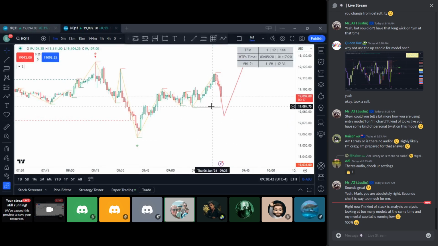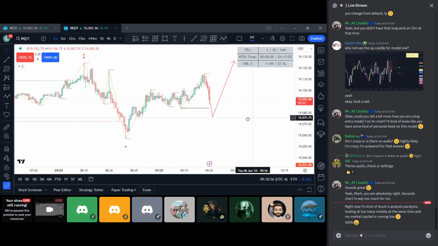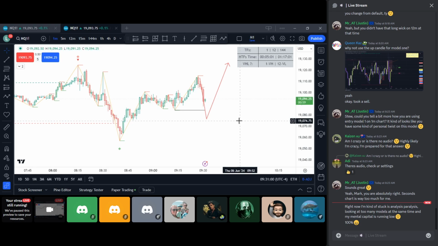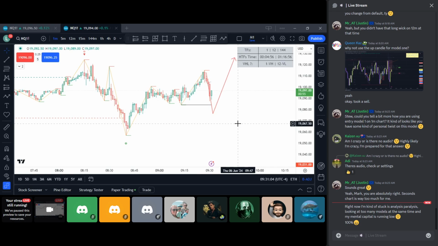If anyone's wondering what this black line is here, that would be the candidate candle on the 12 minute to put in a valid high. Oh, okay, cool. Is that part of the TFO indicator?